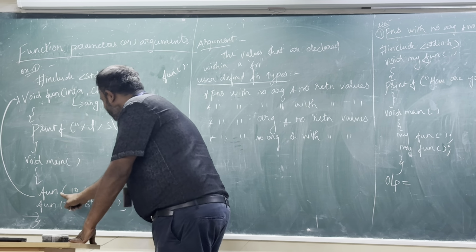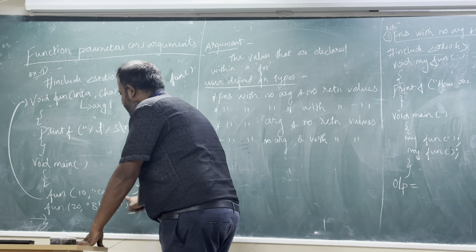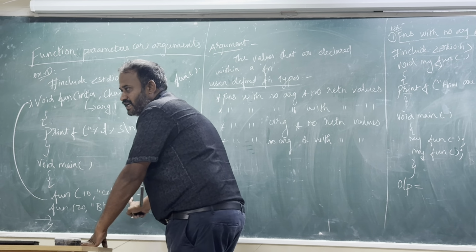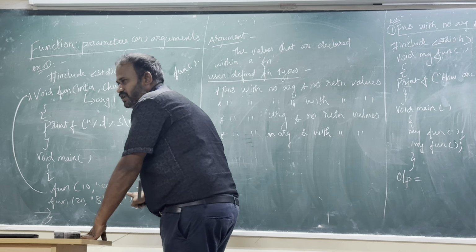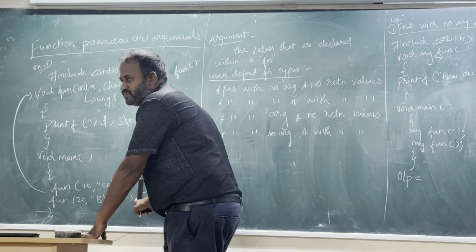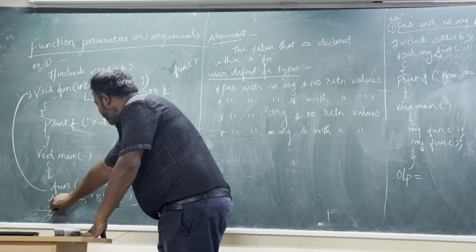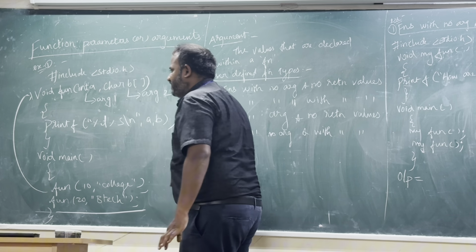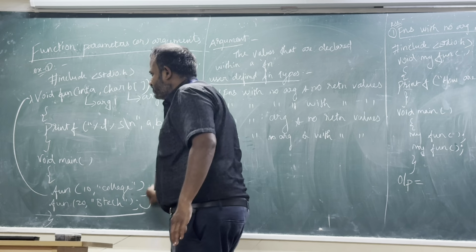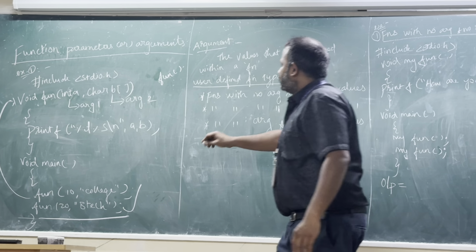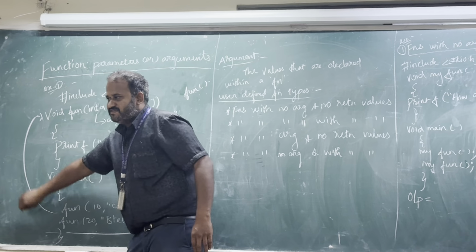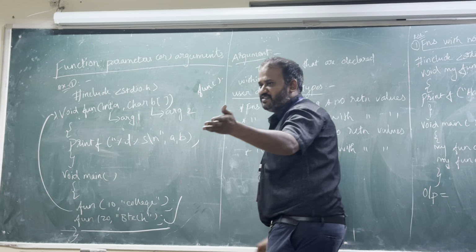You have to use function of 10 comma college. That means you are going to give the print function of 10 comma college over here. This will be our output. So again, if I write this function 20 comma btet, this will be your output. So this one we have seen in last class itself, how to call the functions.